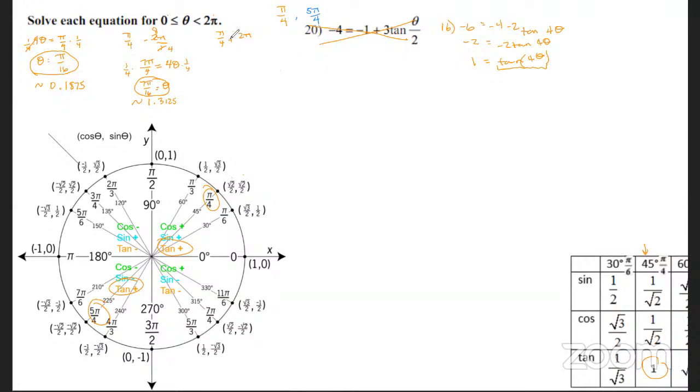We also have, we're going to add 2 pi here. We subtracted 2 pi. So this is -7.